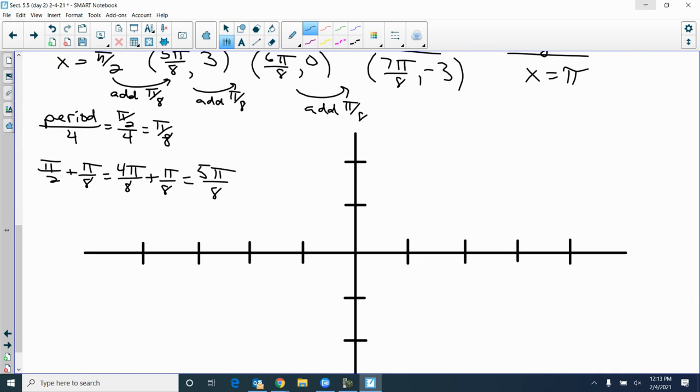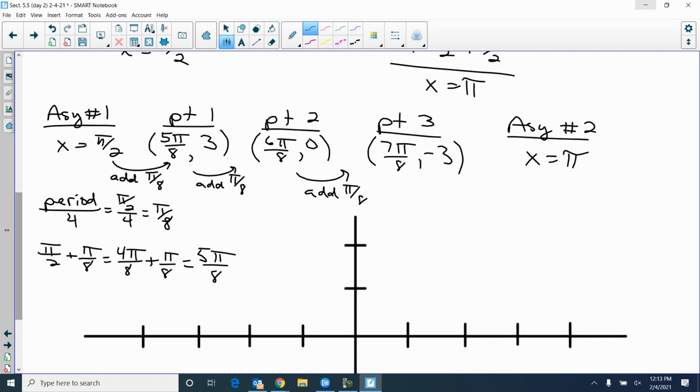Okay, with what you have, for the grid, what would be an appropriate scale? You don't want to make it too small, but you don't want to spread it out where it won't fit on there. So basically, if I just get pi, as long as I get that on the scale, I'm okay.